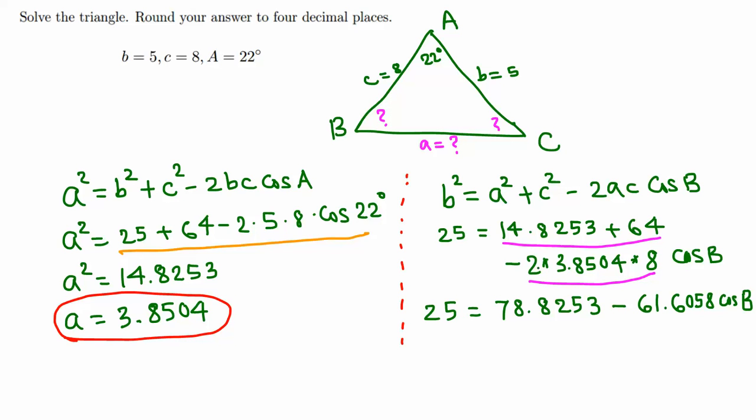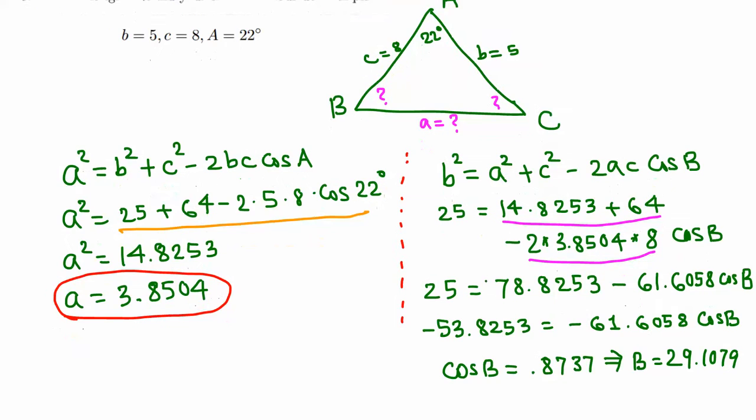When we use our calculator, this is 61.6058 cosine B. Now move this to the left side, so 25 minus this number and divide by negative 61.6058 and we get cosine B. Using the calculator, subtract 78.8253 from both sides, so 25 minus this number will be negative 53.8253 equals negative 61.6058 cosine B. Divide by this number, so cosine B equals 0.8737.